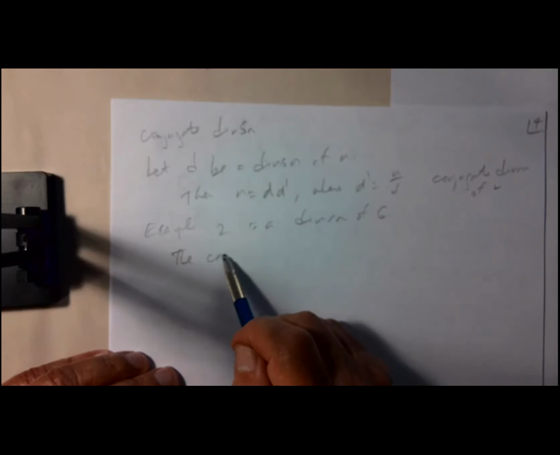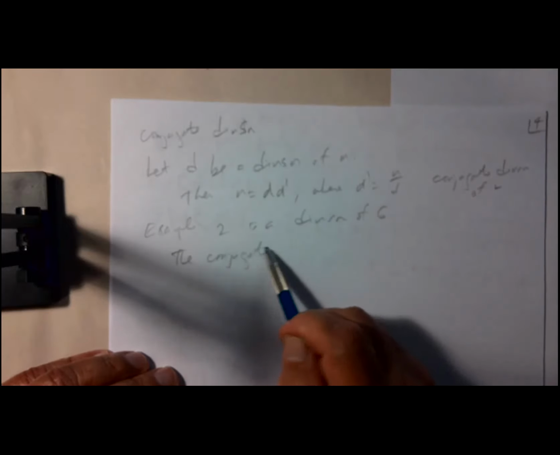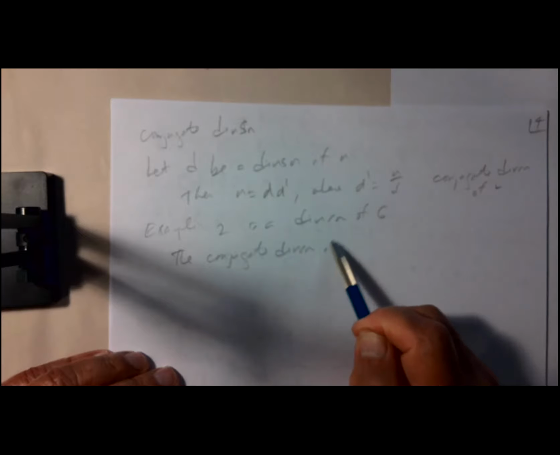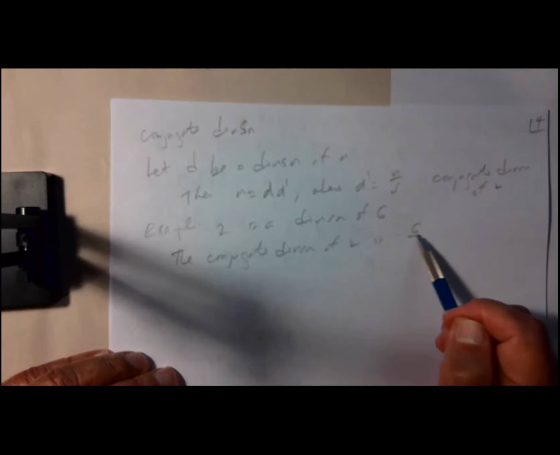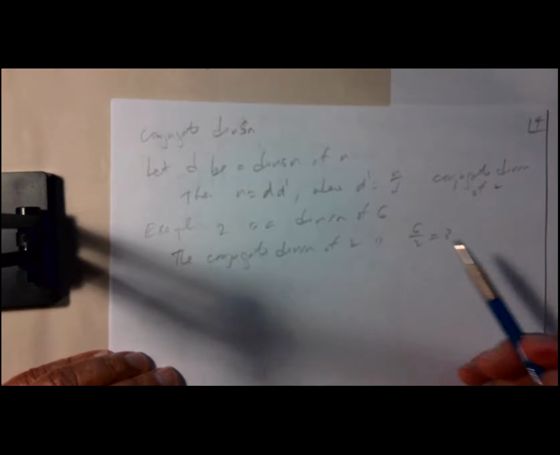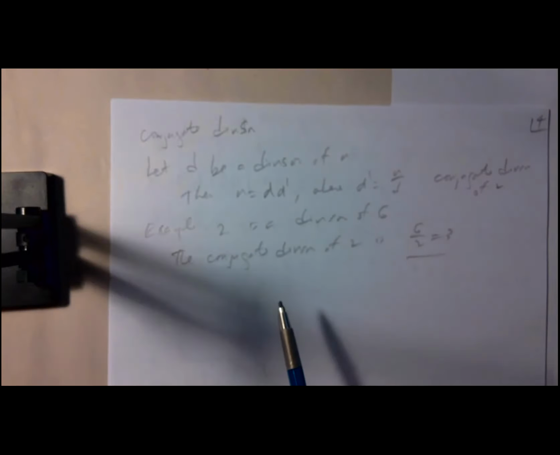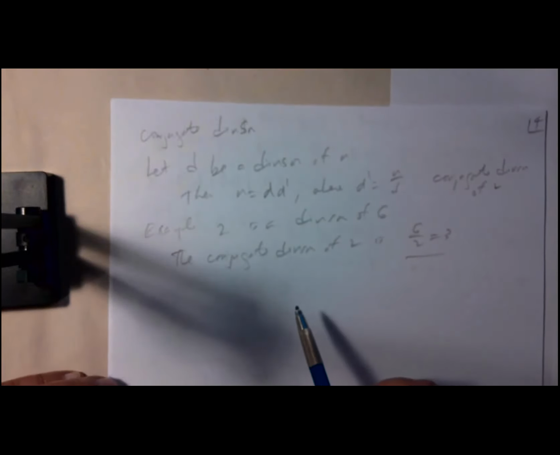The conjugate divisor of 2 is 6 over 2, which is 3. That's all. It's just a useful concept.